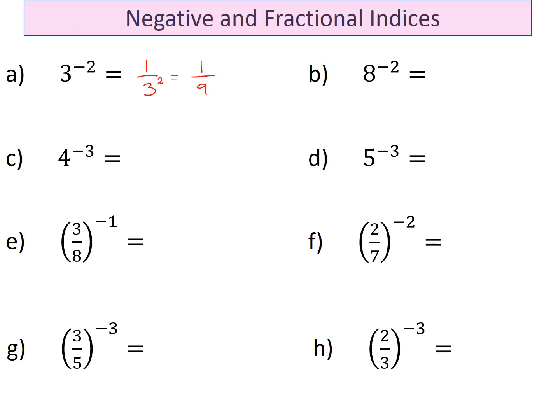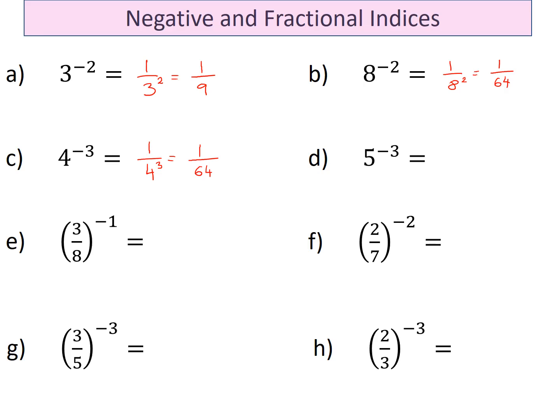For the next question, 8 to the power of minus 2, I write the reciprocal first, which is 1 over 8, and I still need to apply the power of 2, and that is 1 over 64. In question C, 4 to the power of minus 3, I write the reciprocal first, which is 1 over 4, and then still to the power of 3, and that is 1 over 64, because 4 times 4 times 4 is 64.